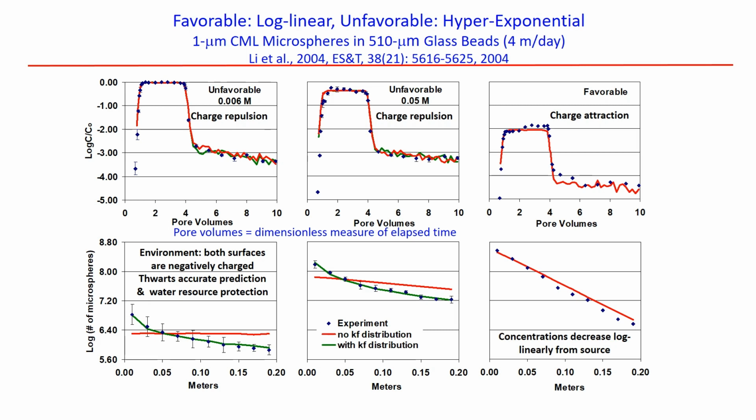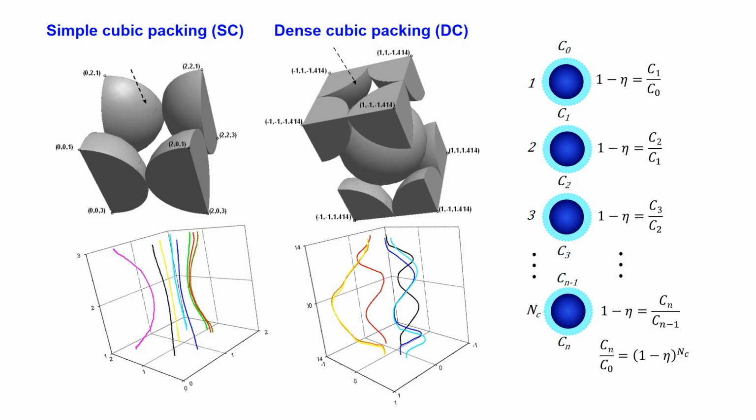So we want to understand what's controlling this continuum scale behavior. To do that, we represent the porous media, the granular media, with a physical model. If you look at the flow fields in granular media, you can see that an important attribute with respect to particles or colloids is the impingement of flow on surfaces, specifically forward flow stagnation points, or zones on grains where the flow is directed towards the surface and it diverges and then converges on a rear flow stagnation zone.